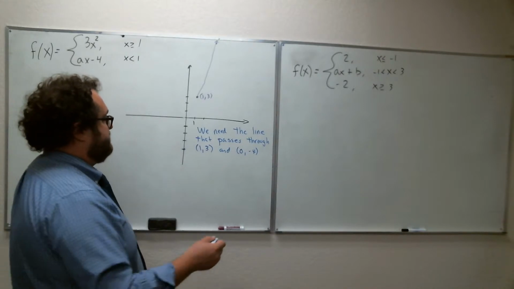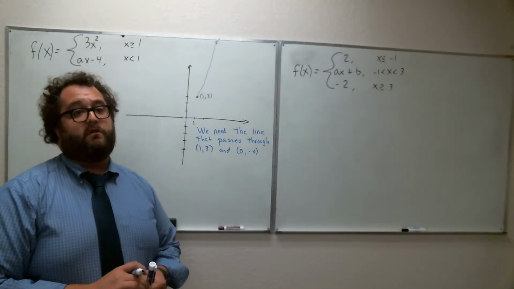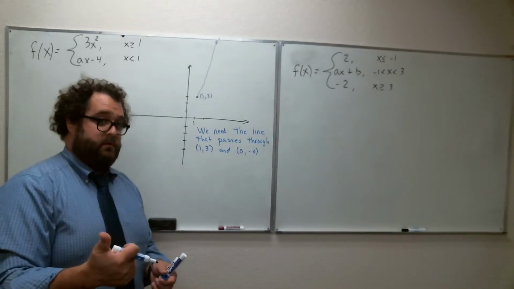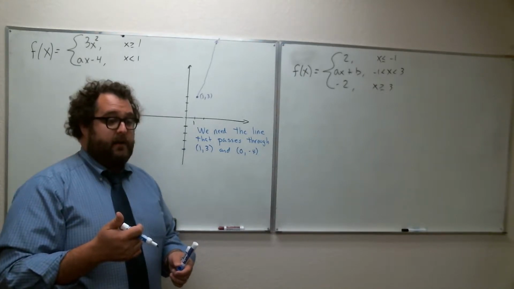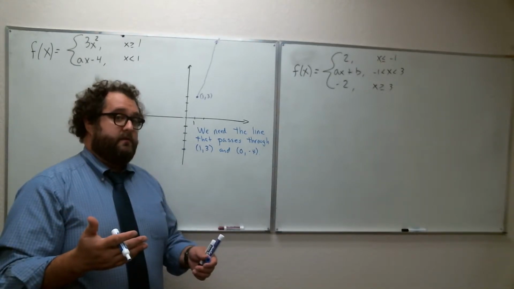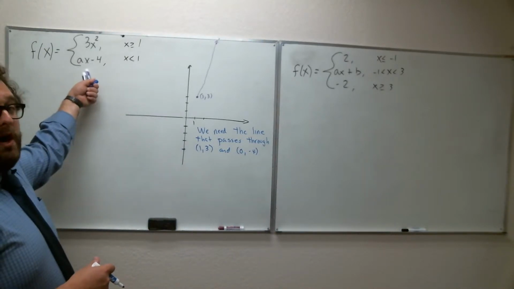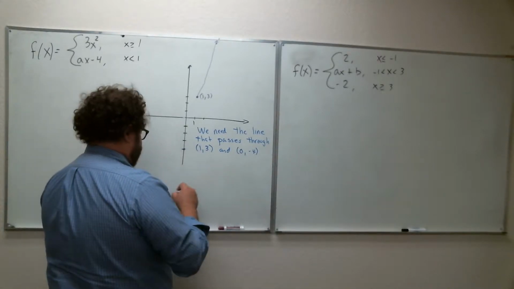Okay, so that's a classic problem from college algebra or maybe even intermediate algebra. We first need a slope. We then need to find the equation of the line via point-slope form, and then lastly, we need to convert it to y equals mx plus b slope-intercept form. So let's see. Let's label our points.